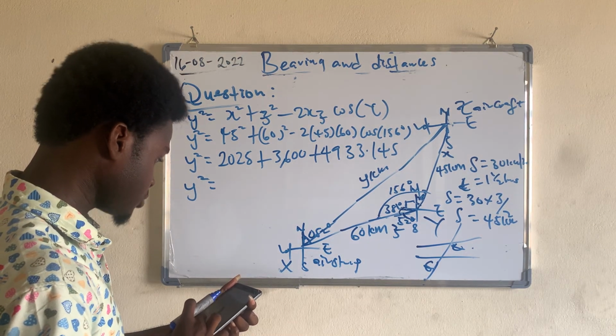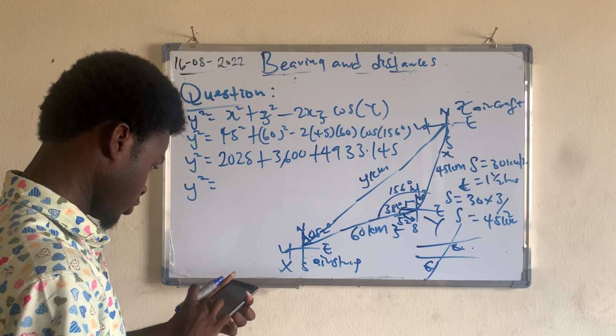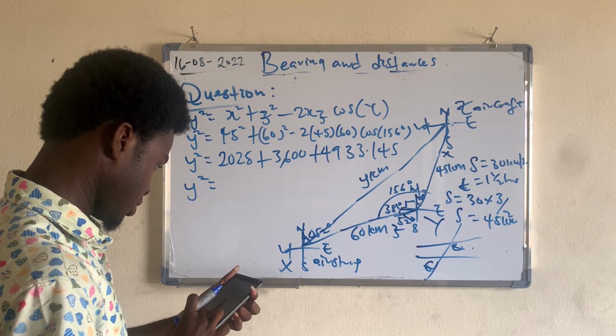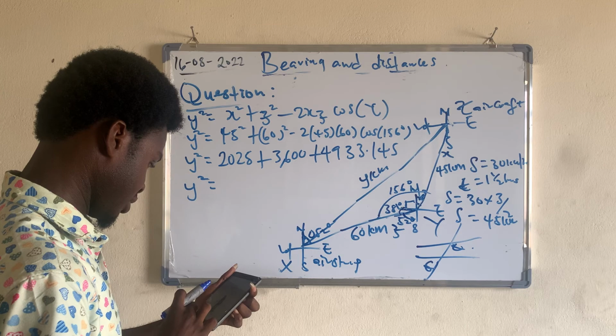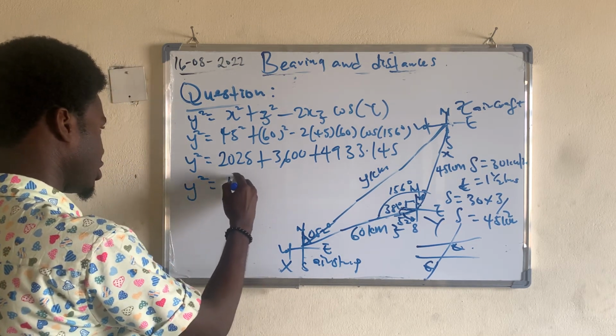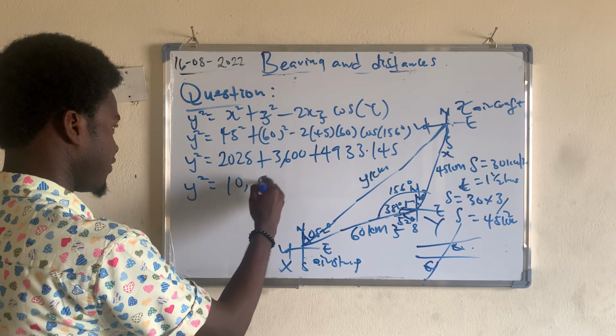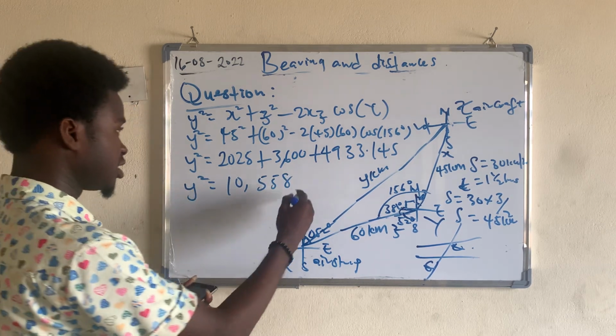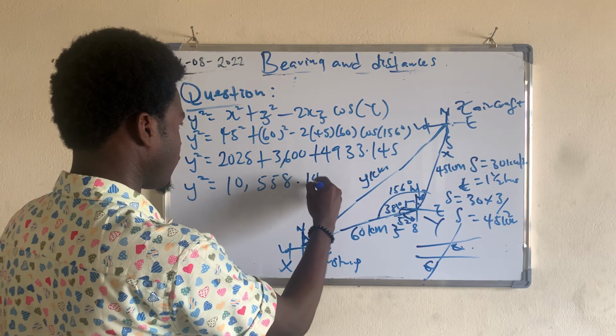plus 4933.145, and here we have 10558.145.